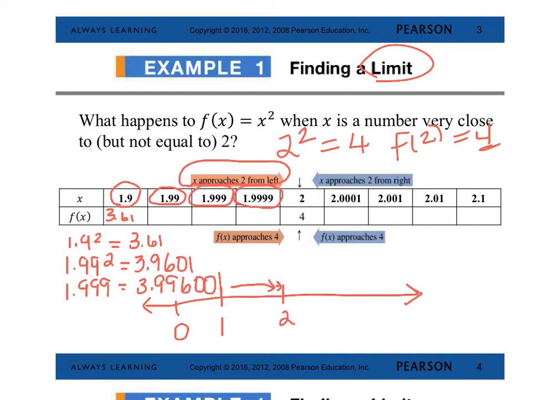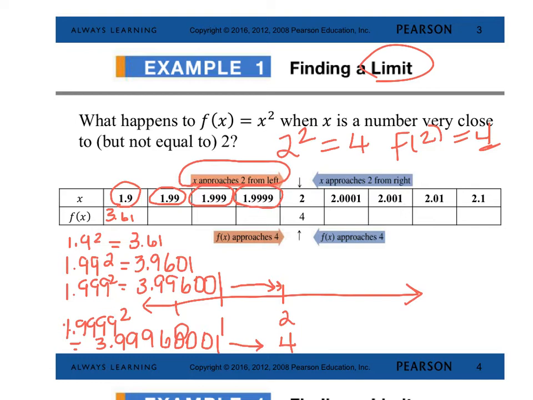It'd be hard to get much closer than that. And when we take 1.9999 and square it, we get a number that's getting closer and closer to 4, because it's 3.9960001. And you have to admit that's getting pretty close to 4.